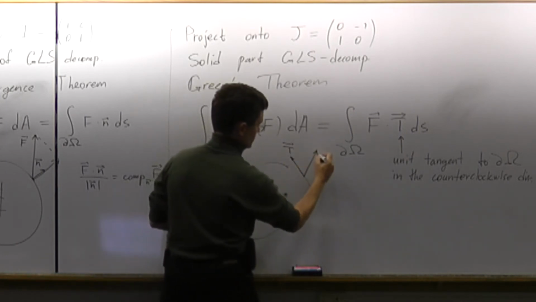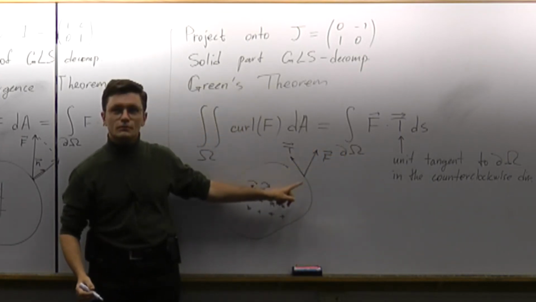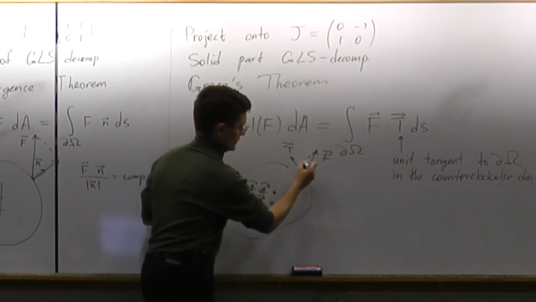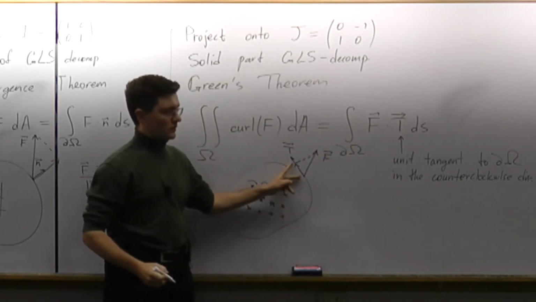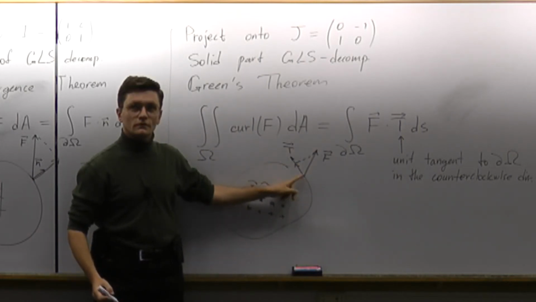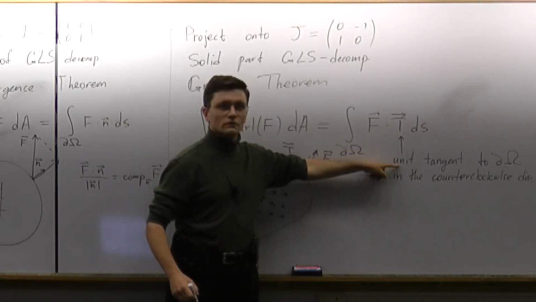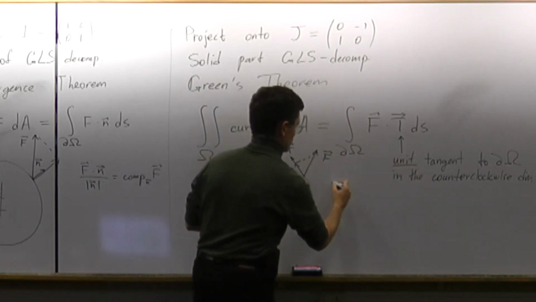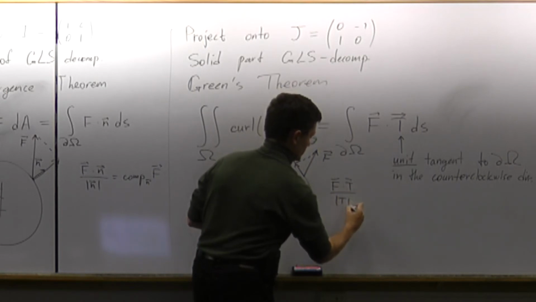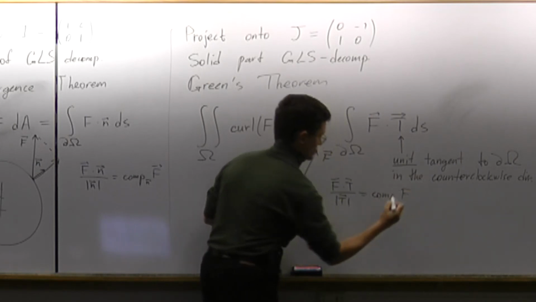You look at the vector field at that point, and then again the dot product is equal to the component of the velocity onto that direction, on the tangent direction. Again, because that vector is the unit tangent vector. Right? So this dot product F dot T is equal to F dot T divided by the magnitude of T, which is exactly the component of F along T.